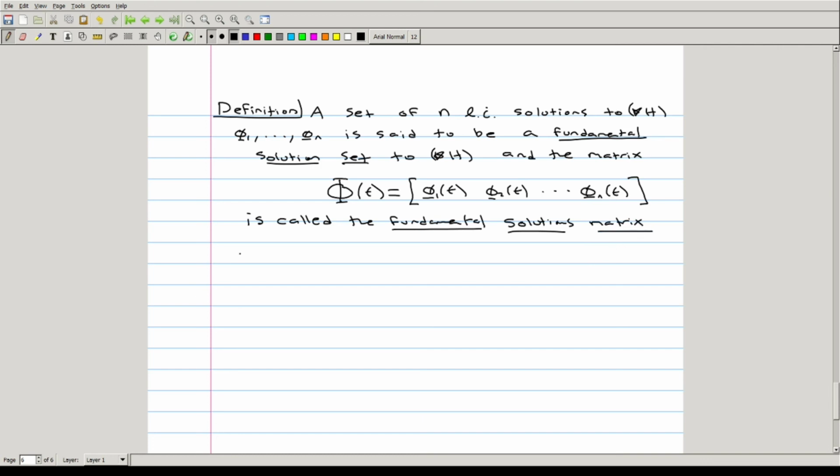And it's important to note here that this is a very, very neat idea, because if you take the derivative of this matrix function of t, this is going to be the same thing as the derivative of all of the columns of this matrix.